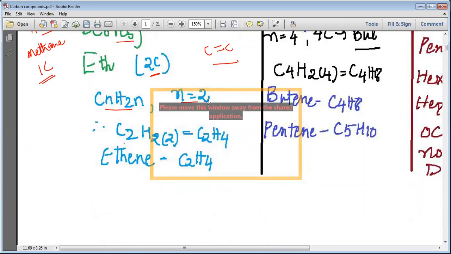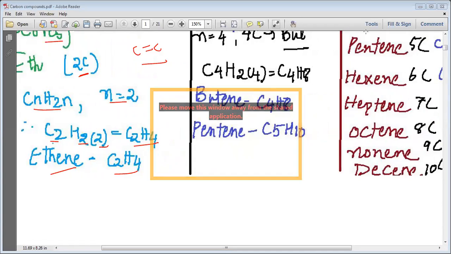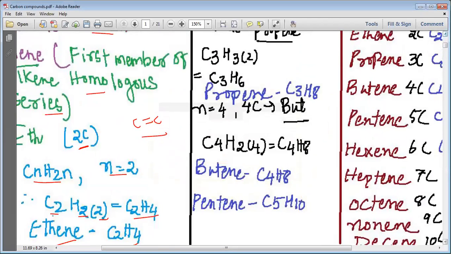You put n equal to 2, so you get C2H2 into 2, which is how ethene becomes C2H4. So the first member of the alkene homologous series is ethene, which has the formula C2H4. This is how, my dear students, we study the first member of the alkene homologous series.